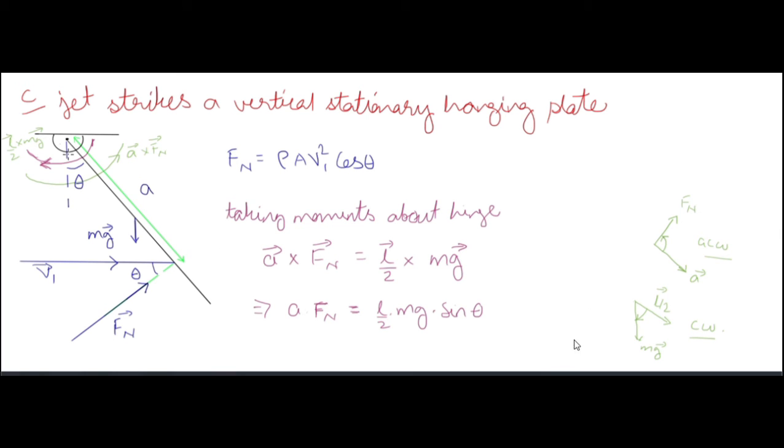Similarly L2 is in this direction and mg is acting downwards, so L2 into mg is clockwise and A into Fn is anti-clockwise. Using the right hand thumb rule you will get the direction of the moment. Here you have found the normal force Fn, so you can find the weight of the plate also using this equation.